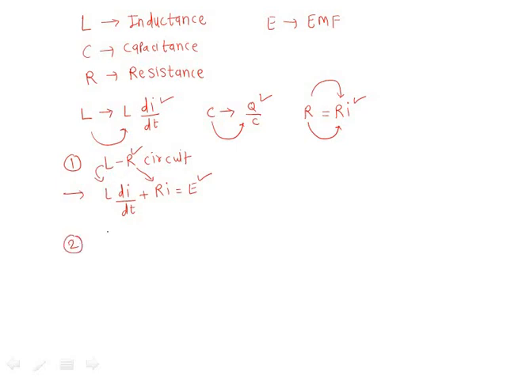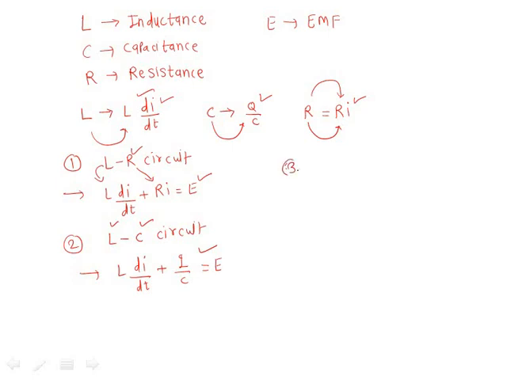Similarly, if I ask you what is the differential equation of LC circuit, for L we will write down L di by dt. Then we will put plus sign. For C we will write down Q by C, using small symbol q, and right hand side is fixed, that is EMF E. So this is the differential equation of LC circuit.